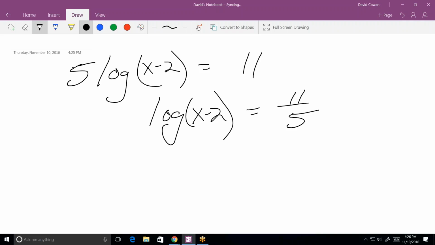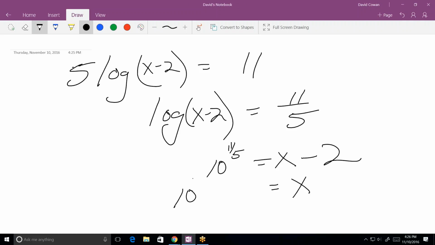Log base 10 of x minus 2 equals 11/5. Okay, and then convert that to an exponential equation. That's the logarithmic representation of that. Okay. What's the exponential? 10 to the 11/5 equals x minus 2. So 10 to the 11/5 plus 2 equals x.